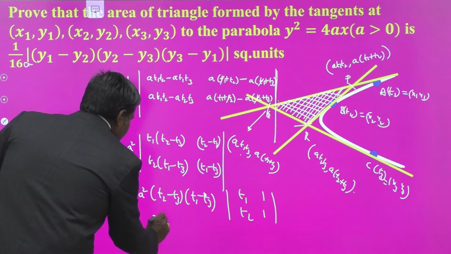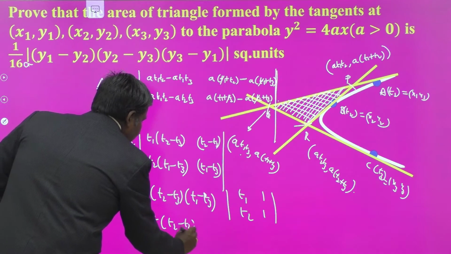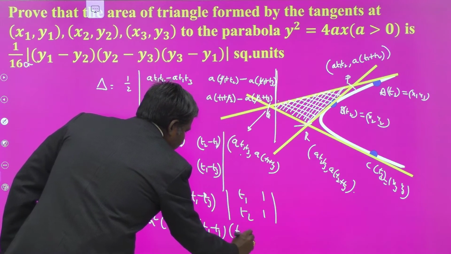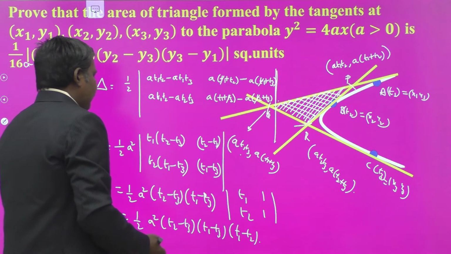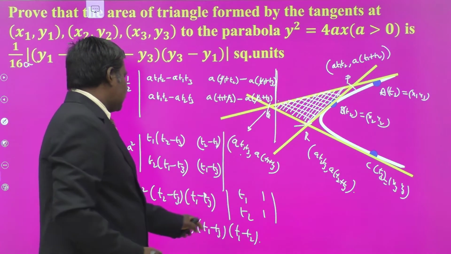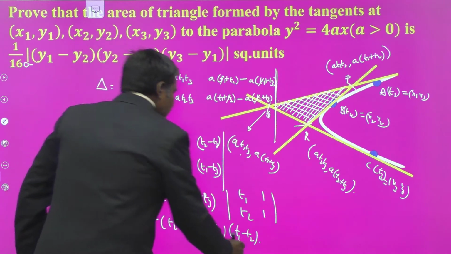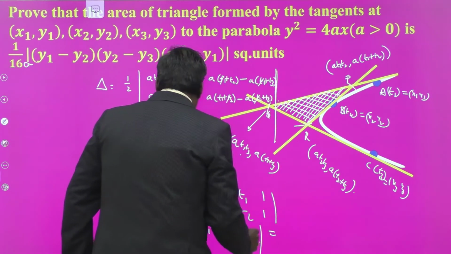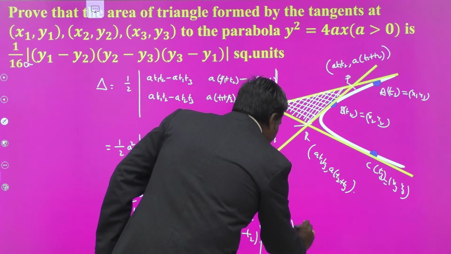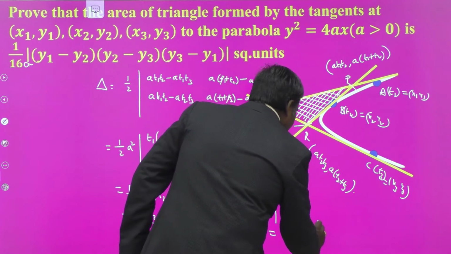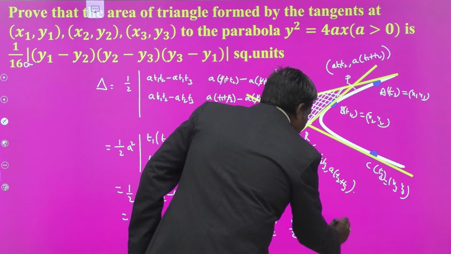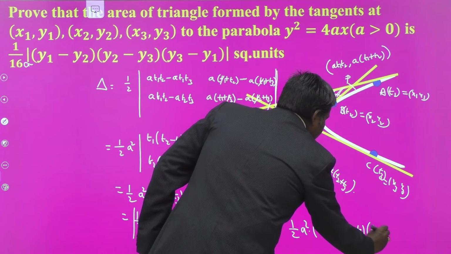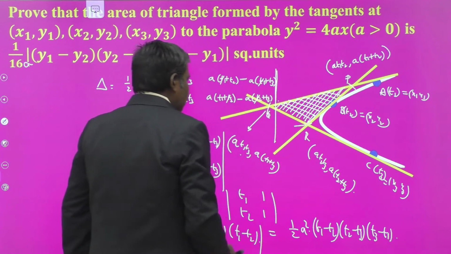That is half A square into T2 minus T3, T1 minus T3 into T1 minus T2. This can be written as T1 minus T2, T2 minus T3, T3 minus T1, because the area is always positive. To get the symmetry, we may write this one as half A square into T1 minus T2 into T2 minus T3 into T3 minus T1. You may write in this manner also.